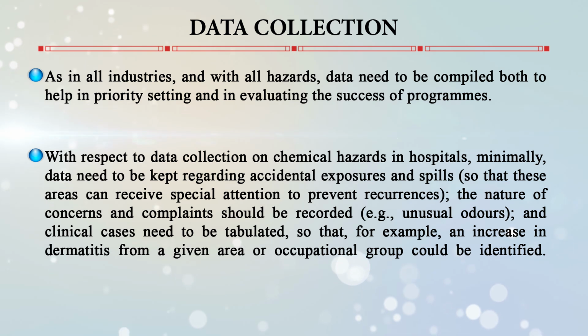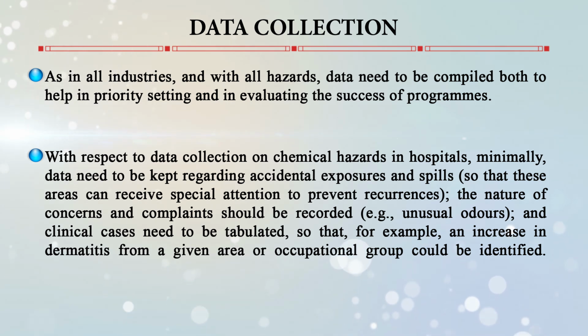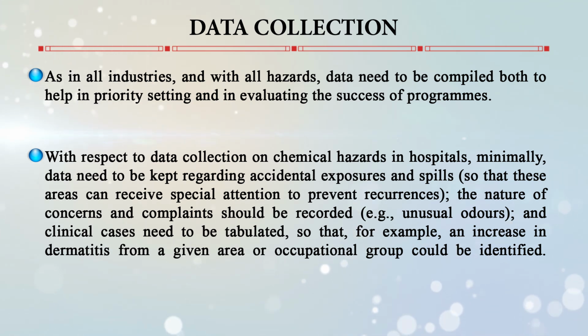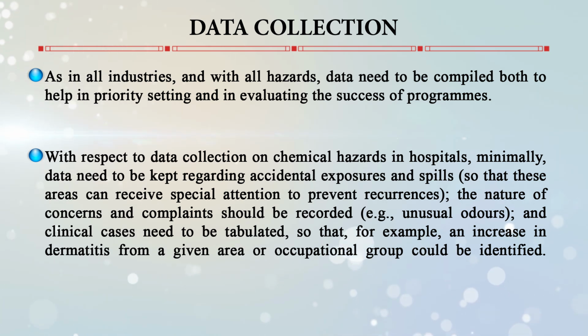At least we can mitigate that. And the nature of concerns and complaints should be recorded, normally unusual odors if anyone observes, and also the clinical cases which are required to be tabulated, so that, for example, an increase in dermatitis from a given area or occupational group could be identified.